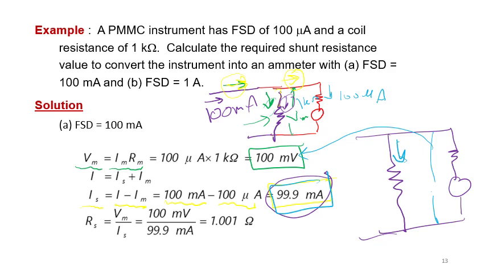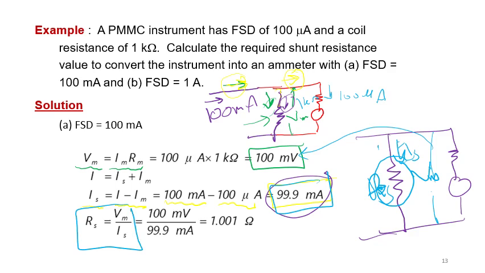That voltage is also the voltage of this resistance, because they are in parallel, as you see. So the voltage Vm over Is is equal to Rs. That's what he did here.